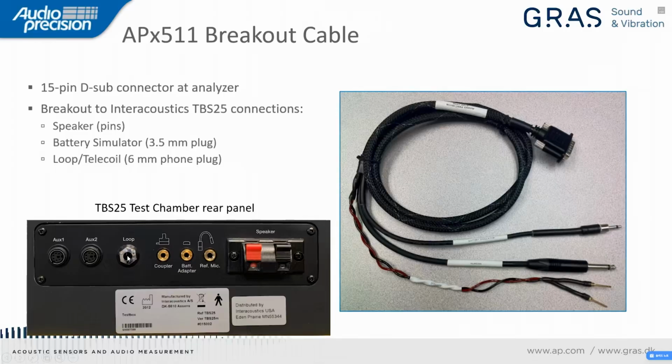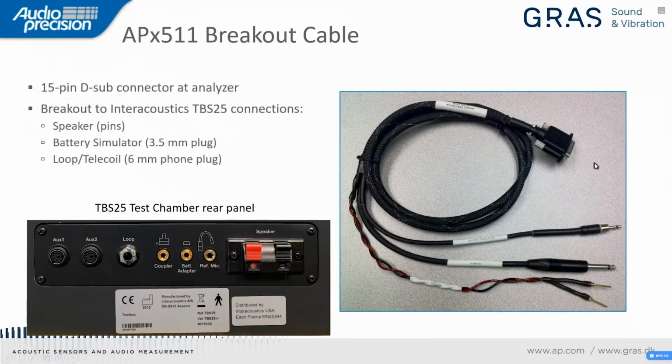And over here on the cable, we have the 15-pin D-sub connector, which connects to the analyzer, the 2 pins to connect to the speaker jack, the telecoil loop plug, and then the plug for the battery adapter. So easy connections between the analyzer and the chamber.